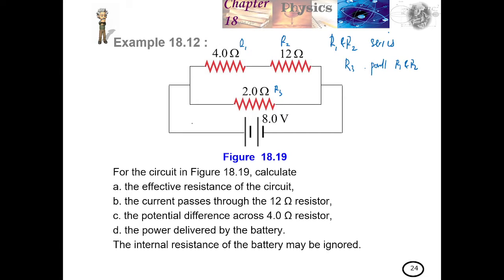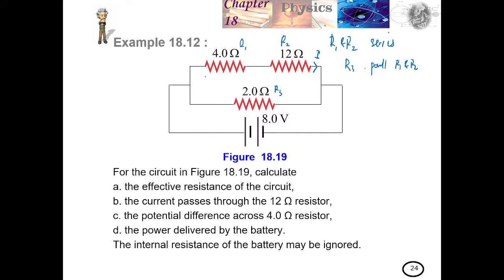Okay, so given the circuit diagram in figure 18.9, A, calculate the effective resistance of the circuit. B, the current passing through the 12 ohm resistor. How much current passes through over here? So this is I over here. C, the potential difference across the 4 ohm resistor.